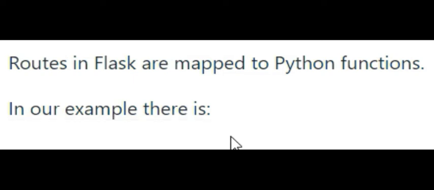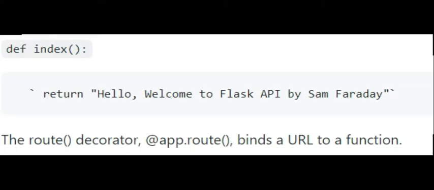Well, in Python, Flask, routes in Flask are mapped to Python functions. So if I want to point to a specific function inside my application, before that, I just set up a route. Let's see an example. So in this example, I have a function called index that all it does is return, hello, welcome to Flask API by Sam Faraday.